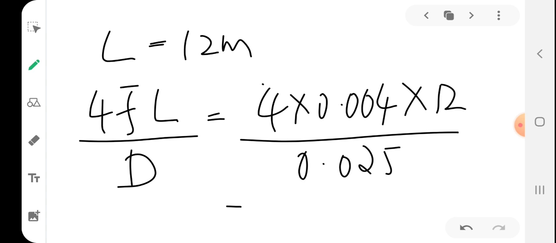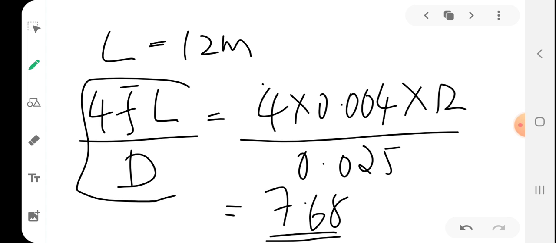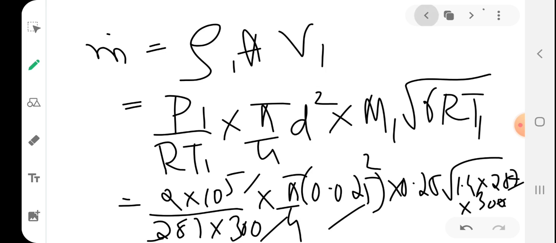We calculate this value, you will get 7.68. So students, you check this value for 4f bar L by d as 7.68 in your table.